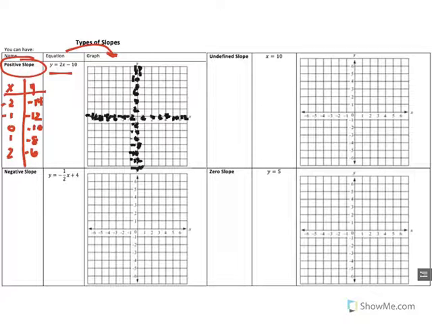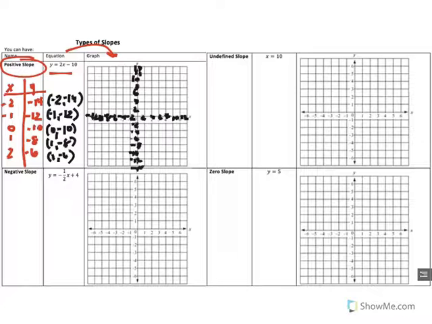So I made a table, and I found the points from the equation here. And then I put them onto the graph.